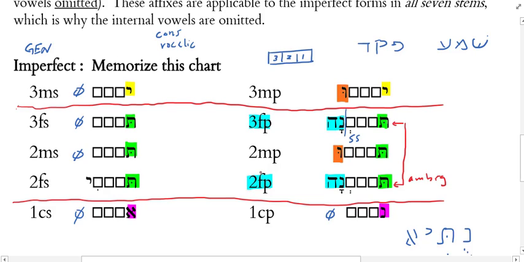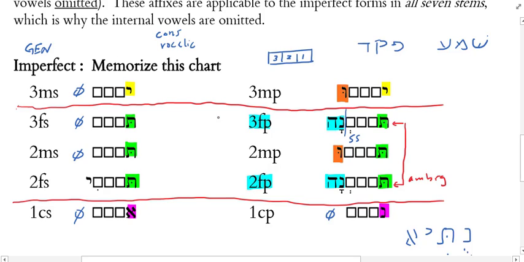So again, let me just ask you to think about how you might translate this. We'll just say the word blank for the verb. But if I use the 3ms with the prefix yod, who will do the action? It's going to be something like he will blank, right? If I see a prefix tav with no ending, she will blank. If I see a prefix tav with no ending, it also could be you man will blank.